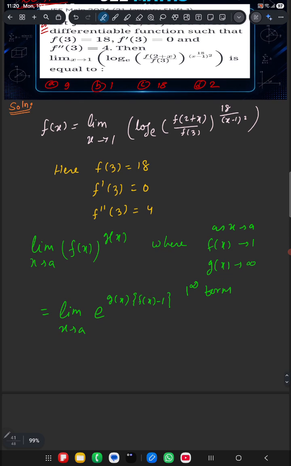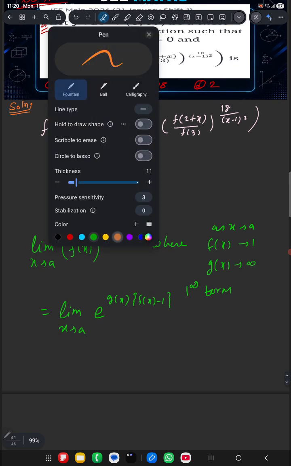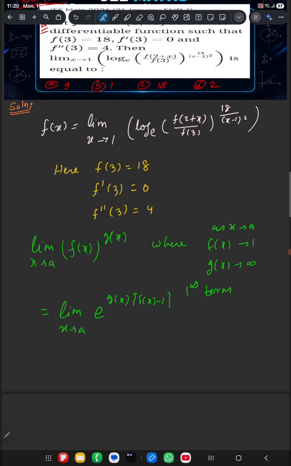And one more thing I will do over here is that I will calculate only this one, then I will transform it to log e with this. So I will try to calculate the limit x tends to 1 of this function only.